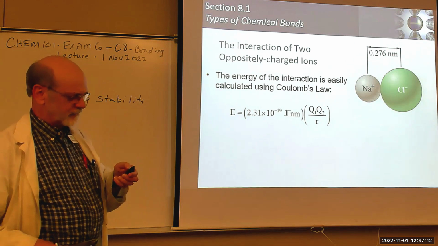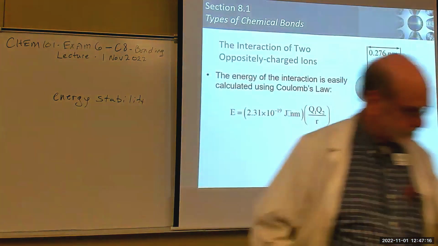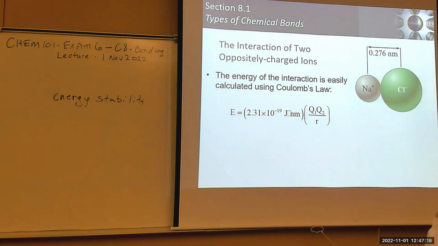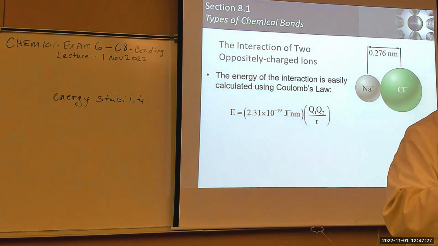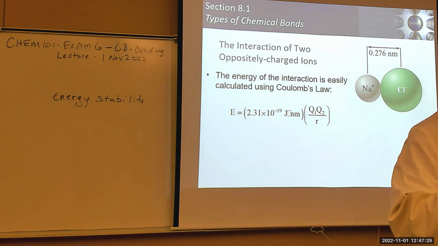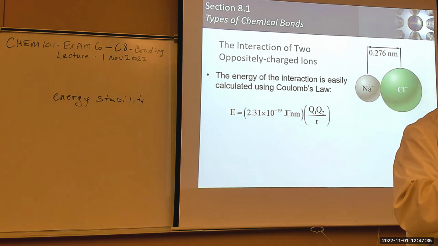You don't have to worry about that, I think, if you needed it to be in the useful information. Let me just be sure. What was it? 2.31. So constants.